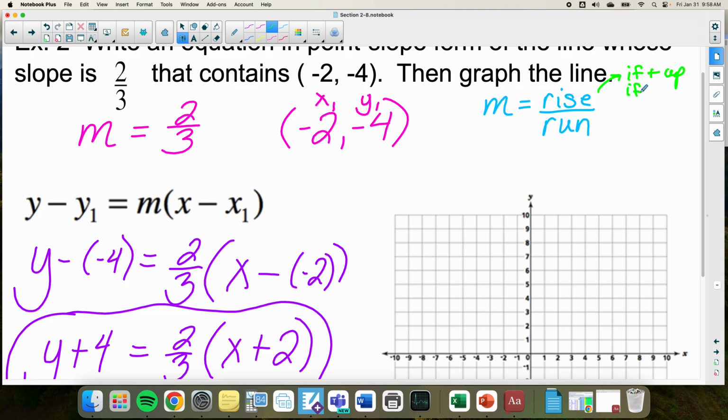If it's negative, you go down, okay? For the run, we always go to the right. So basically what I just said is if you have a positive slope, you're going to go up and to the right.